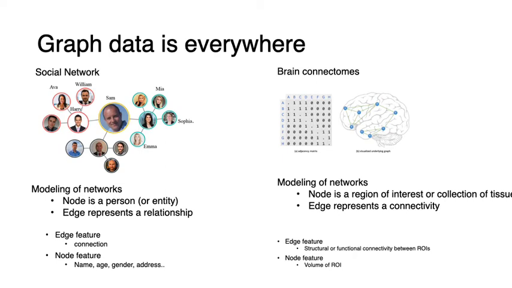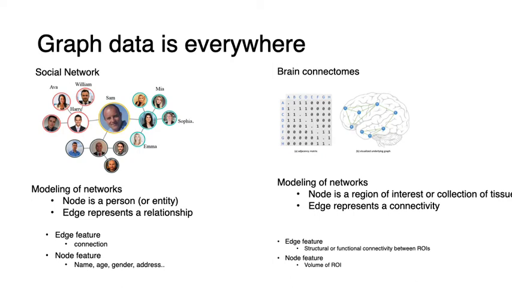For example, in Facebook, if Sam and Williams, or Sam and Harry, are friends, then they are connected, and the node features consist of name, age, gender, locality, and so on.